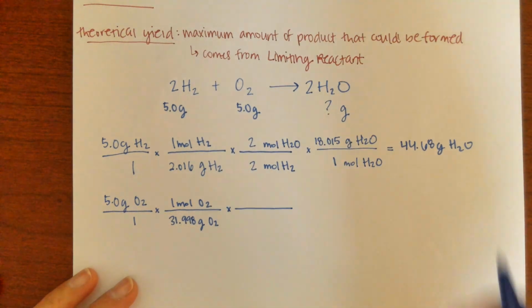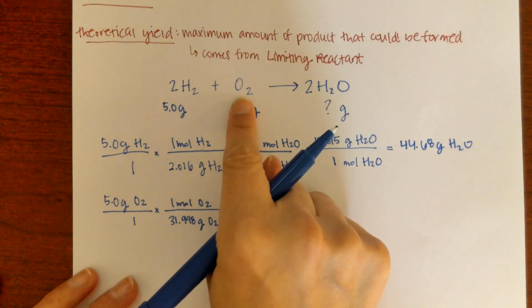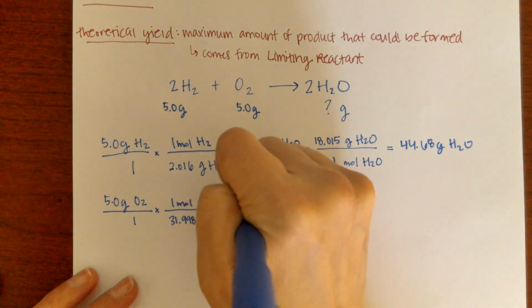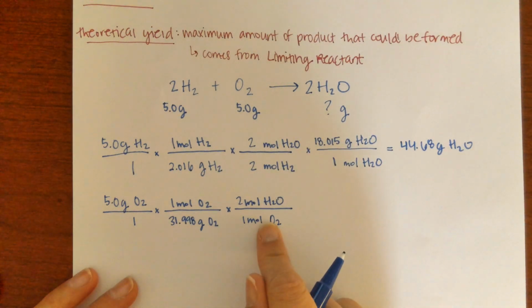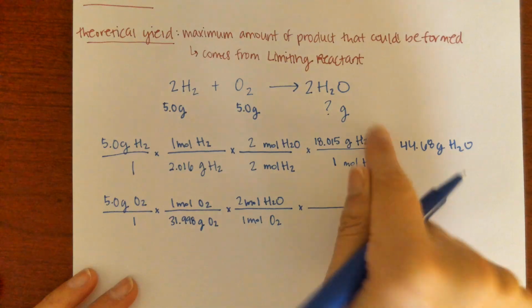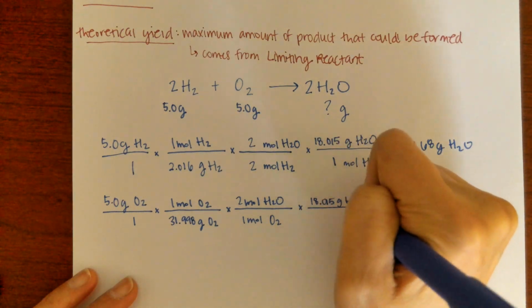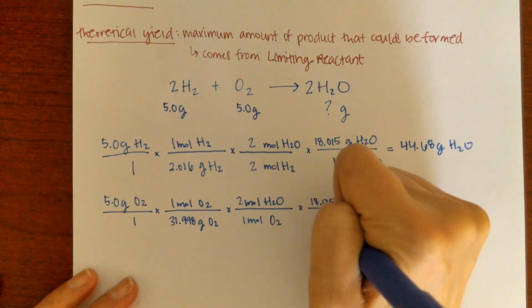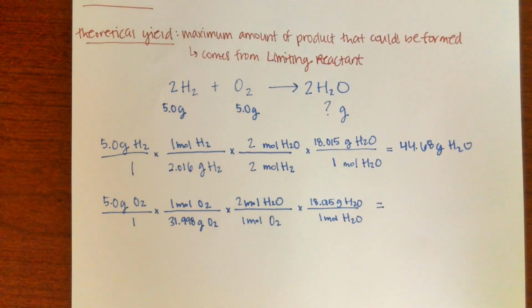The next step, you do your mole ratio, 1 mole of O2, because we only have 1 mole of that, and then 2 moles of H2O. So you can already see a difference here. And last step, this very last step, that should stay the same because the grams of water does not change over 1 mole.